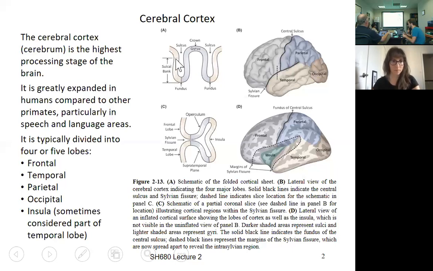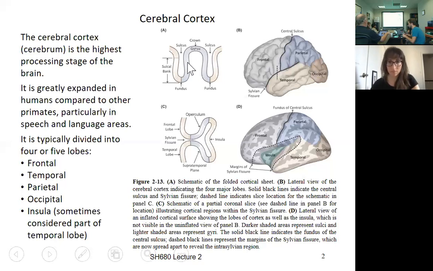The sulcal bank would be the part from this down to here, and there'd be a sulcal bank similarly on the other side. In our parcellation system of the brain that we use for our studies, we would call this sulcus cortex.